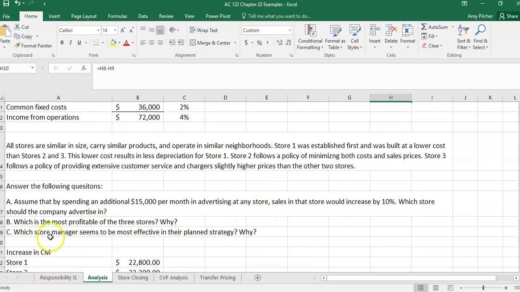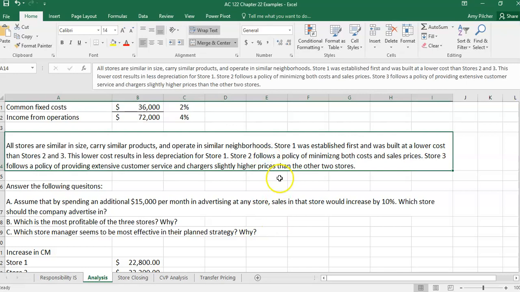Then at C, it says, which store manager seems to be most effective in their planned strategy and why? Well, if we look at this paragraph here, we see some different information about their strategies. So store 1 has less cost because their store is older.